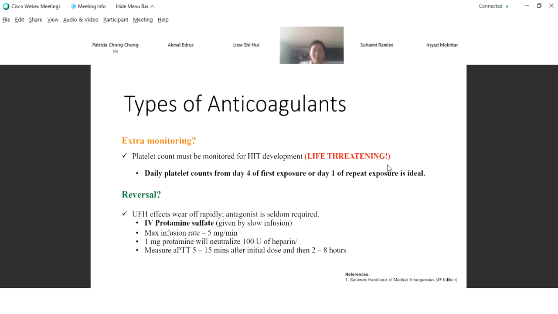There are a few more things about this anticoagulant, such as the monitoring needed. Because HIT, heparin-induced thrombocytopenia and thrombosis, is a life-threatening complication, the platelet count must be monitored. Daily platelet count from day 4 of first exposure or day 1 of repeat exposure is ideal.